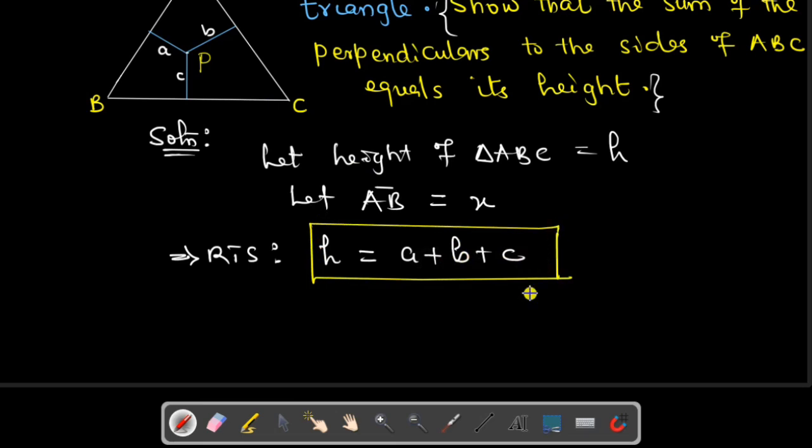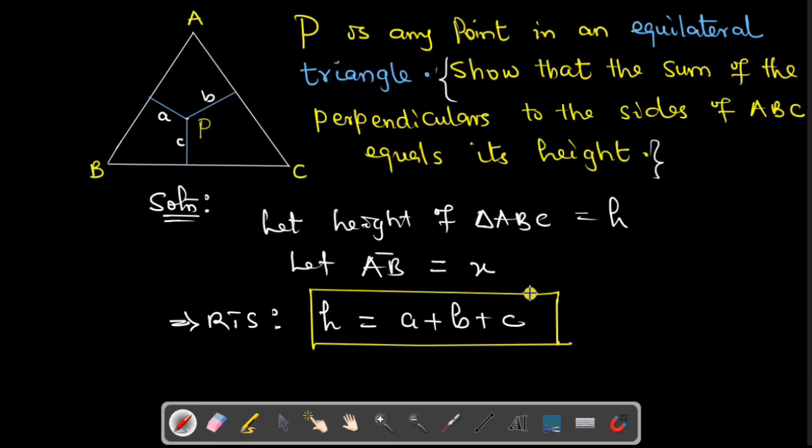This is what the question wants us to achieve. To do this, remember we said that this side is x, so here is also x, and this one is also x. Now, if the height of the triangle is h, let's do a little bit of construction.